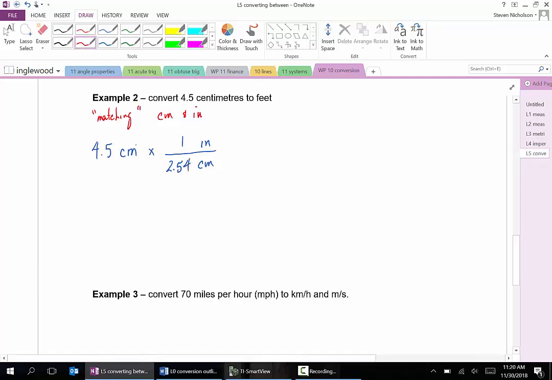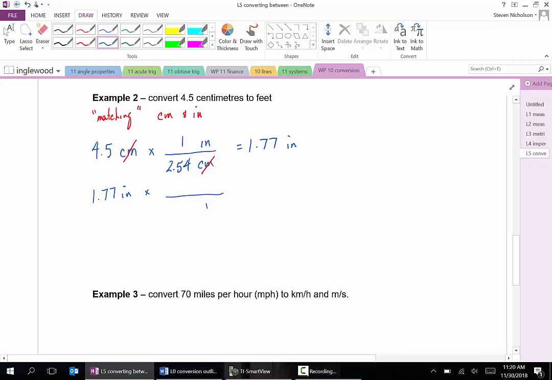And again, with our unit analysis, the centimeters cancel out, and what we're left with is 1.77 inches. So 4.5 centimeters is 1.77 inches, but now we want to know how many feet is 1.77 inches.